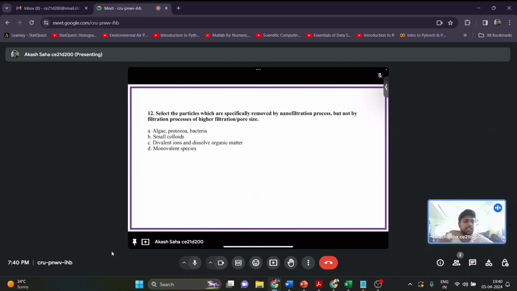So we have option A as algae, protozoa and bacteria, option B as small colloids, option C as divalent ions and dissolved organic matter, and then the monovalent species. So you have to find which of the options are correct. Think about the problem and then we'll discuss.